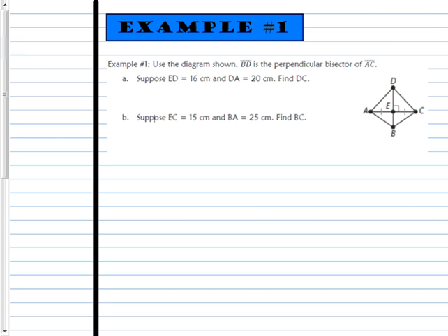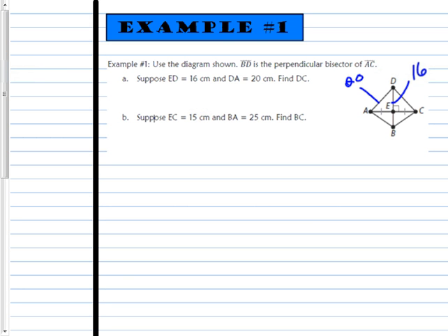Example 1, we're going to use the diagram shown, and it's telling us that BD is the perpendicular bisector of AC. Again, that means that any point on BD is an equal distance, is the same distance from A as it is to C. So suppose that ED is 16 centimeters, and DA is 20.